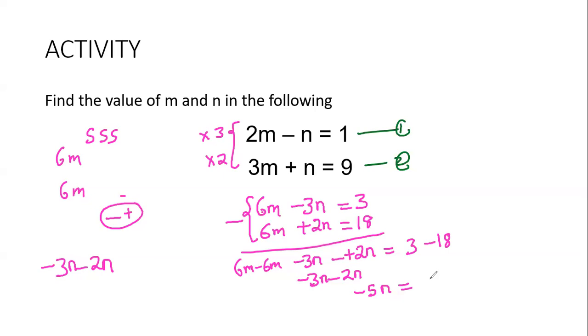This one is negative 15. I divide both sides by negative 5.